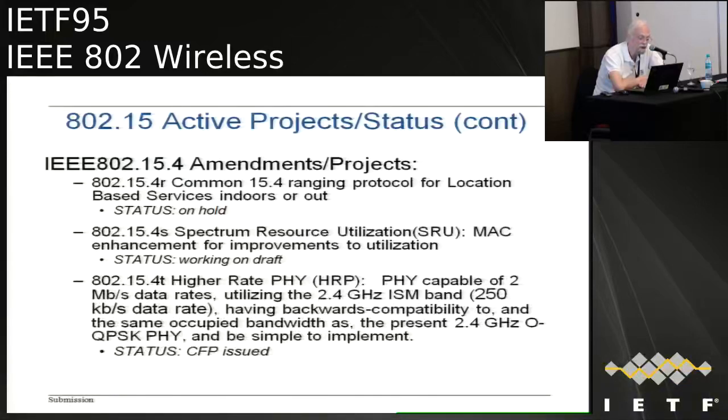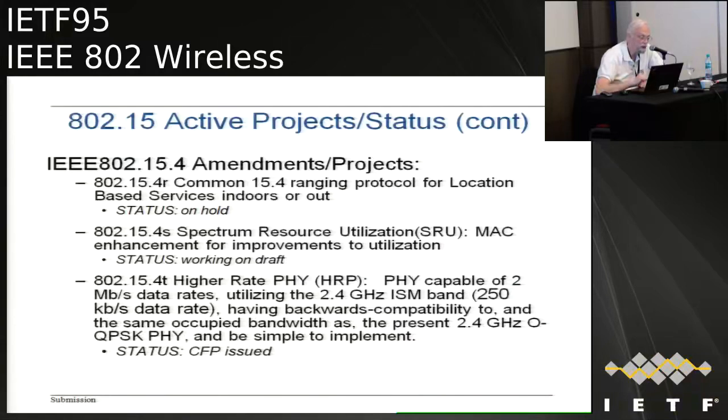But now that processors are faster and lower power, it's thought that we can do the same sort of thing with backwards compatibility, but 10 times the speed. So they're looking for proposals, and all the proposals I've seen emphasize simplicity.